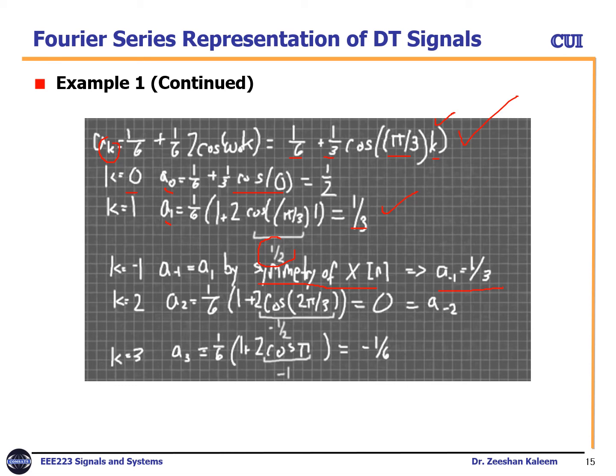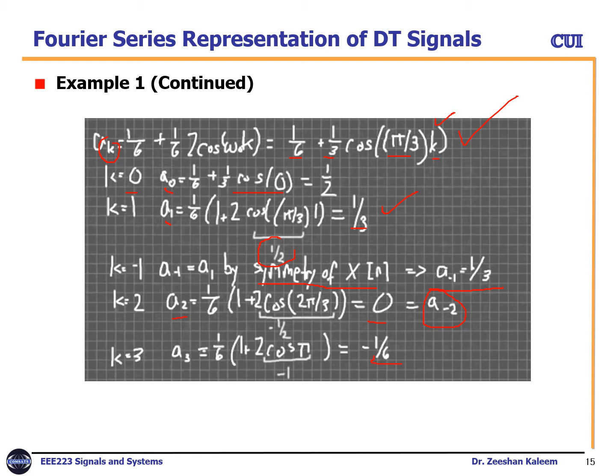Both of them have the same value because of symmetry. For k equals 2, putting the value of 2 here, we get 0. Similarly by symmetry, a minus 2 equals a2. And for a3, we have 1 over 6 plus 1 over 3 cos pi, which is minus 1, so minus 1 by 6.